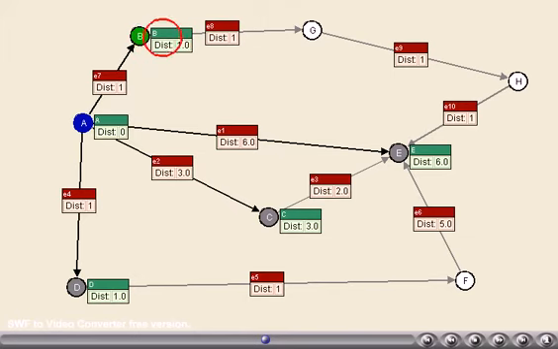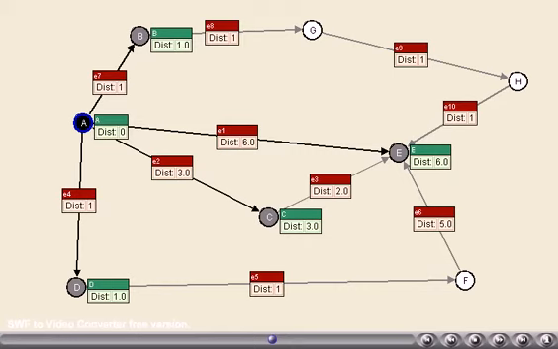The minimum distance of B from A is taken as 1. The nodes B, E, C, D are the ones which are in the ready state. That is, they are not in the unprocessed state. They are in the ready state, meaning they are being visited now, but not yet finalized.